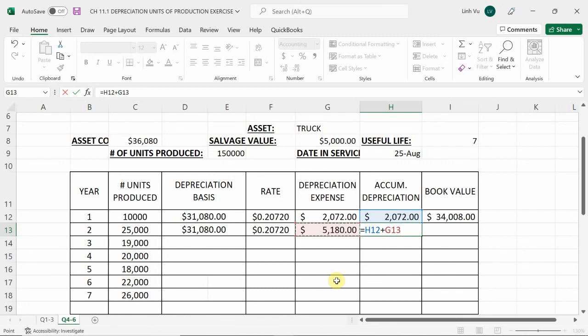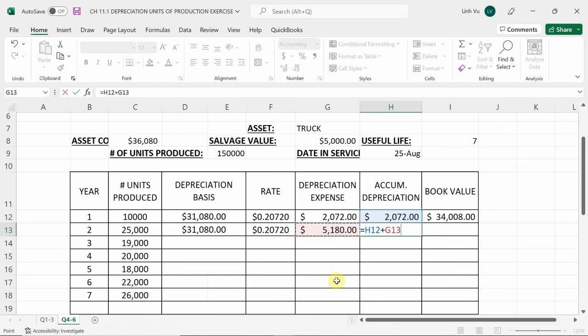41,260. Okay, do that calculation again. You're adding 2,072. That's what you have right now, right? You just incurred an expense for $5,180.